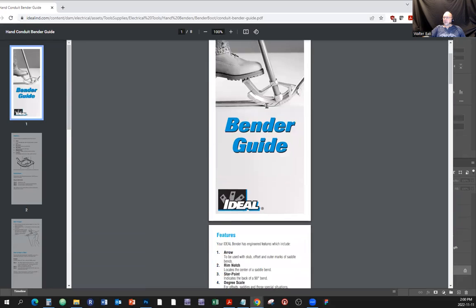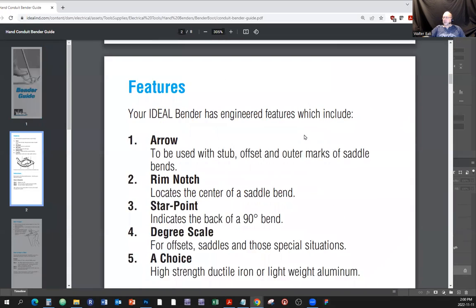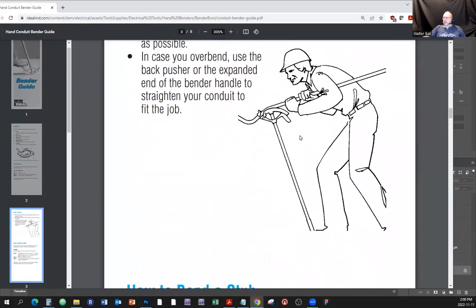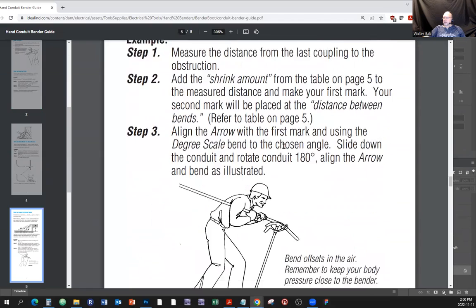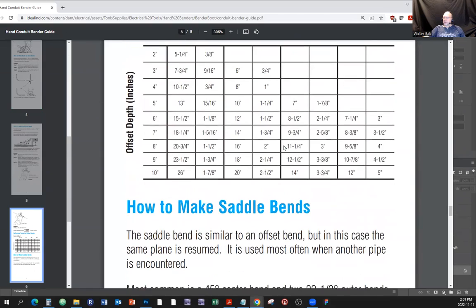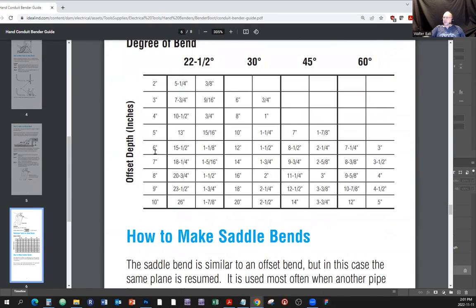Yeah, that's the sticker. Let's see what the table says for that on the Ideal pipe bender. Offset, offset, offset. Here's the offset table. So we're talking about 6 inches and 45. Here's 6 inches, here's 45, and it shows 8.5 between the 2 points, and the pipe is going to shrink 2.25 inches. So either we did something wrong with the calculations, or there's some other reason.